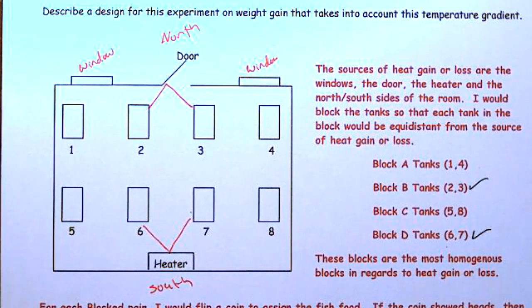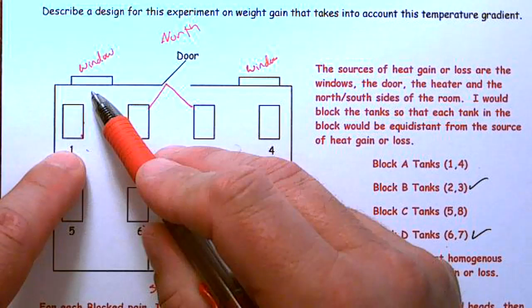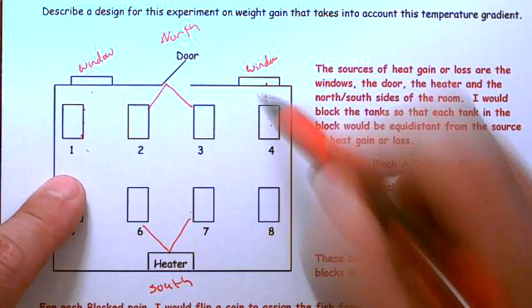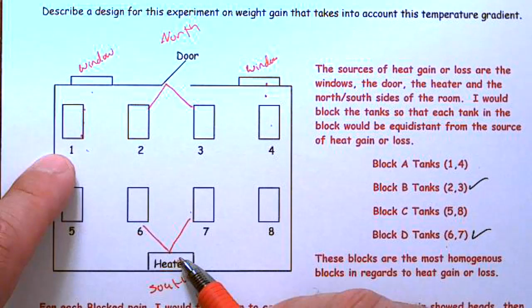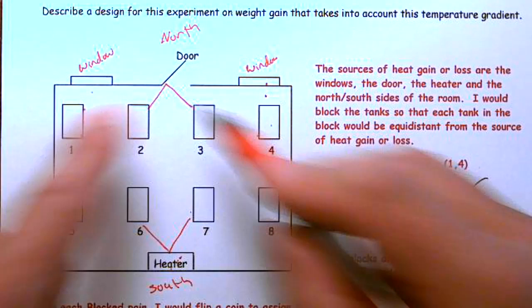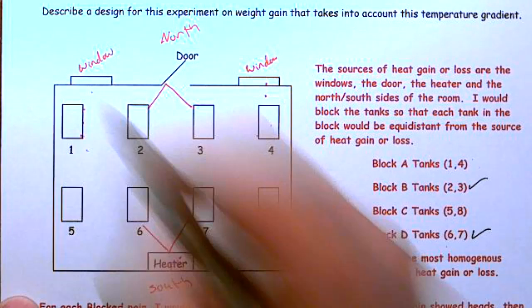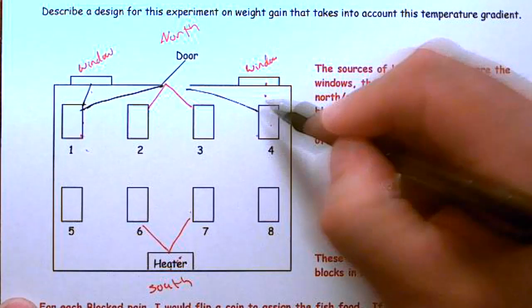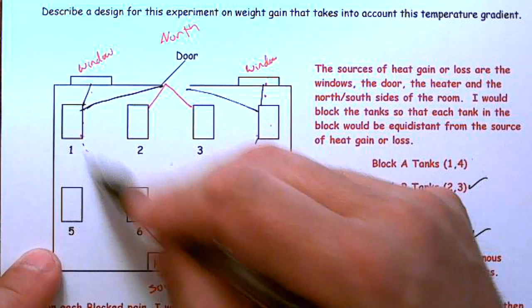But now I have these others left. Well, when I look at this one, it's close to the window, and this is close to the window. So 1 and 4 are about equal distance from the window. They're also about equal distance to the heater, and they're also equal distance to the door. So 1 and 4 are very, very similar, and this distance and this distance, this distance and this distance, and then this third distance are about the same.